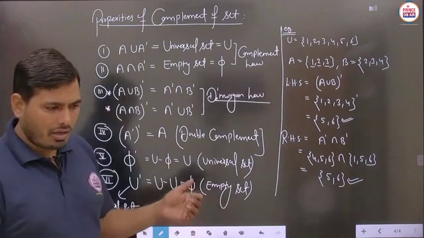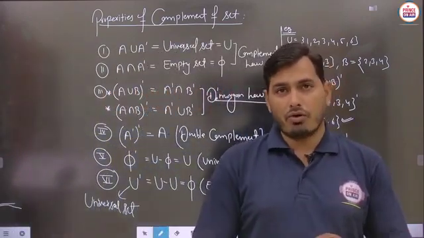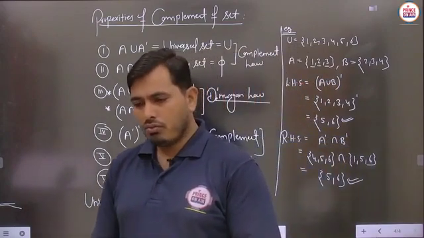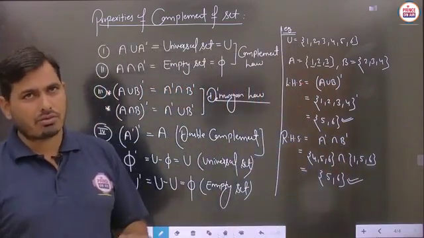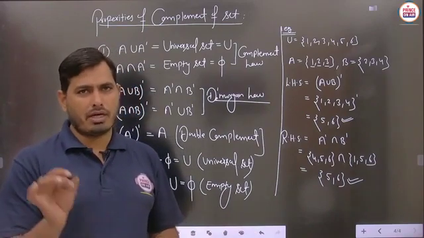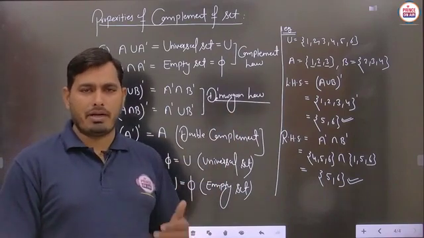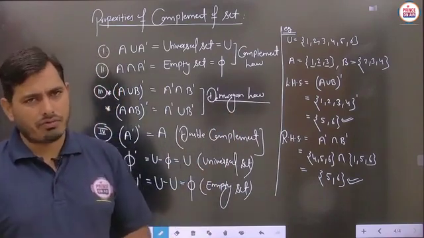Otherwise after chapter number 1 you will forget the concept of sets. So read the questions and the theory part in such a way that you write down each and everything by yourself, then definitely you will get the concept, and easily you can get the answers of each and every question.